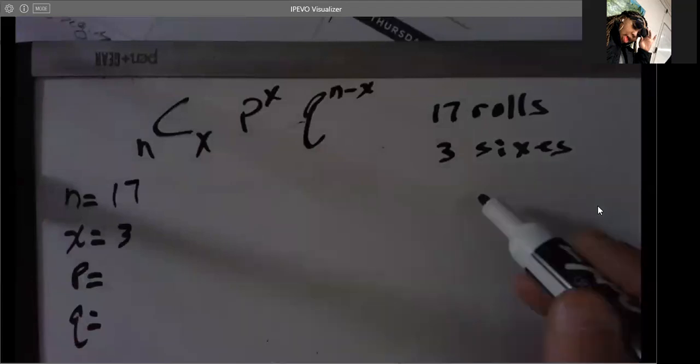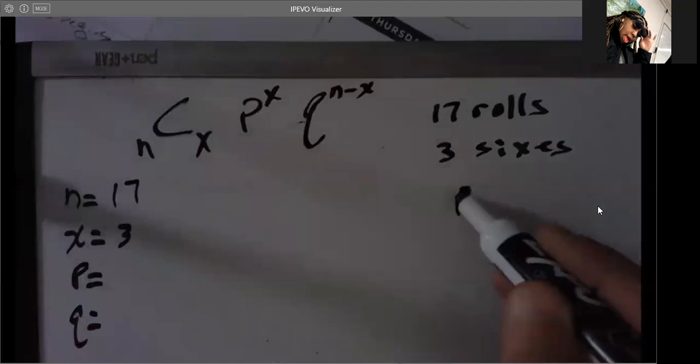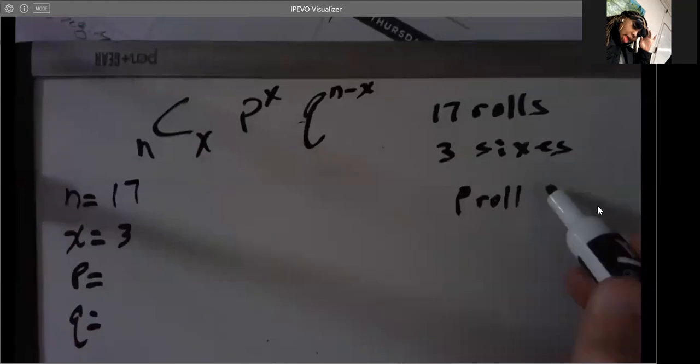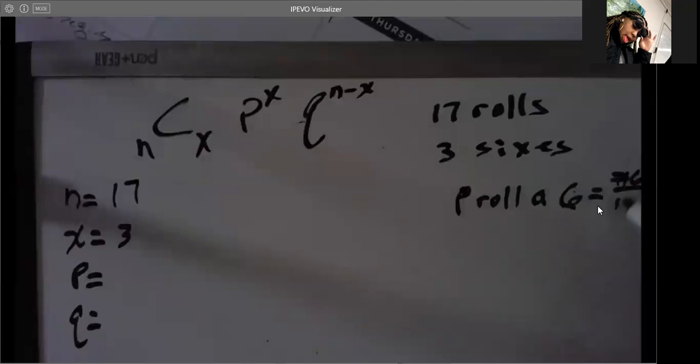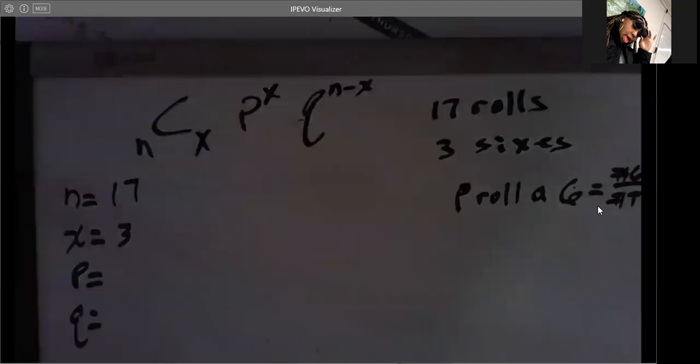Probability of rolling a 6, well, what's the probability of rolling a 6? Number of sixes over the total. How many sixes are there on a dice? Yeah, 1.